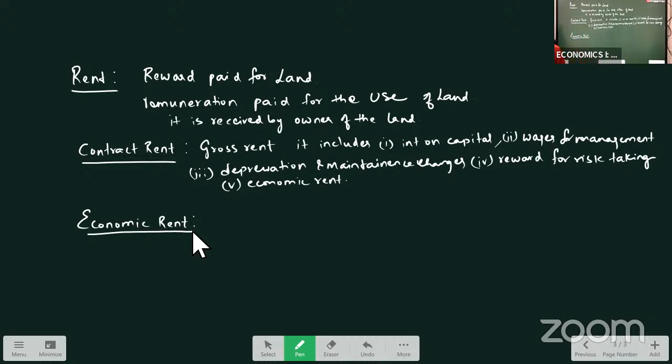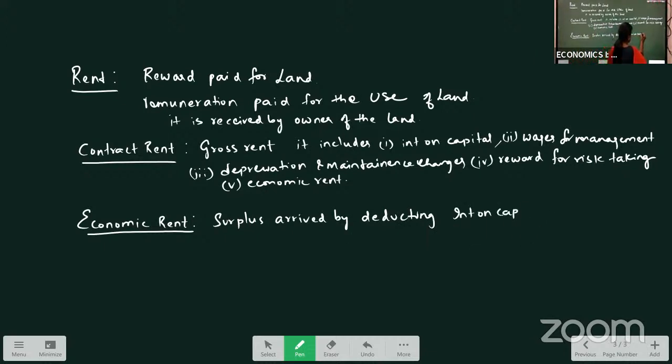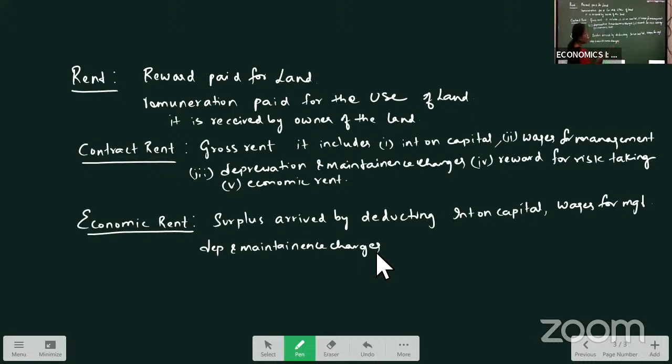So here we can say economic rent is the surplus arrived by deducting interest on capital, wages for management, depreciation and maintenance charges, and reward for risk from gross rent.